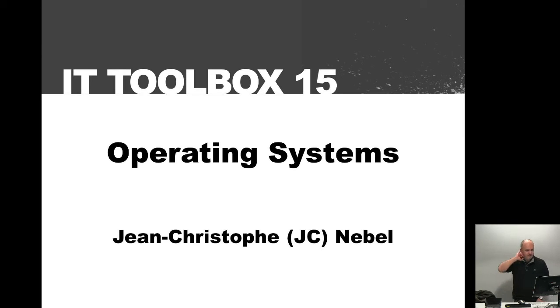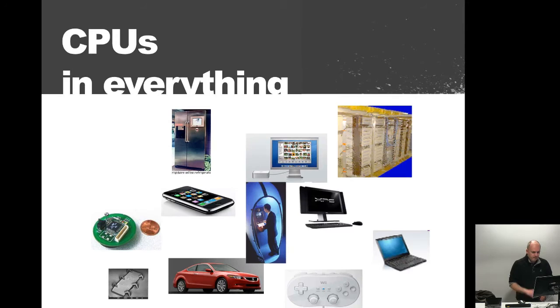So today I would like to give you an introduction about operating systems, because everybody knows a bit about operating systems. You may be using different types of operating systems. So let's have a look at them. Each time you have a CPU, so a microprocessor, there is an operating system running a system on that microprocessor.